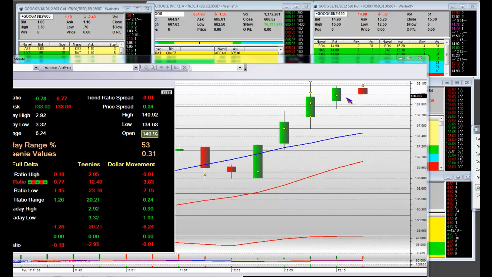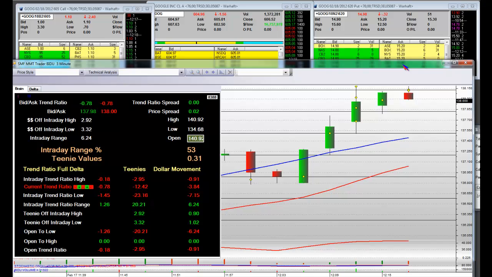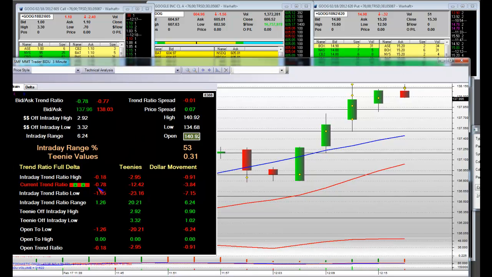And this one is on BIDU, right here. You have a negative 7.7, so you're still down a lot of deltas. Right now you're down 12 and a half teenies at the print. That's minus 3.89 ratio. And this is at the resistance level.